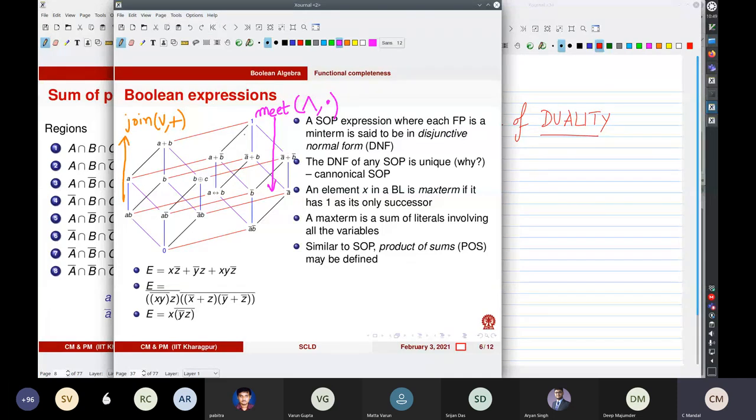And the reason for that, as you can see, is just the symmetry of the lattice. Just as you can go from bottom to top using the join operation, you can go from top to bottom using the meet operation. So that is the geometric reason, the basic underlying reason behind the principle of duality. All right.